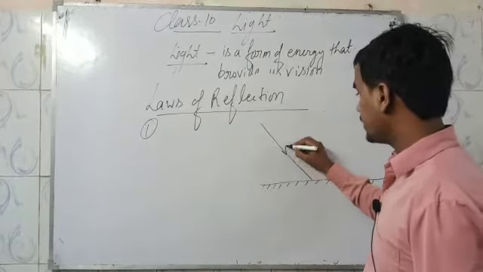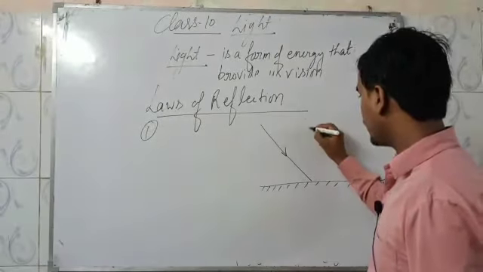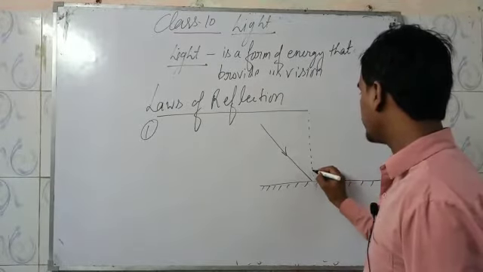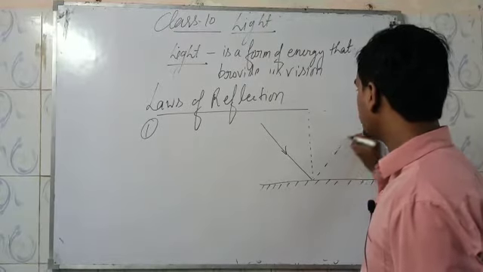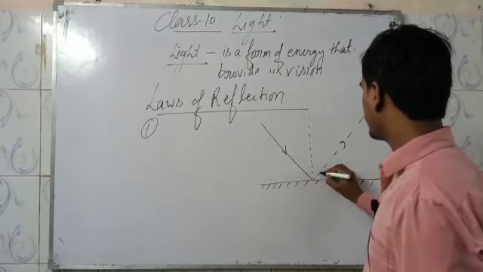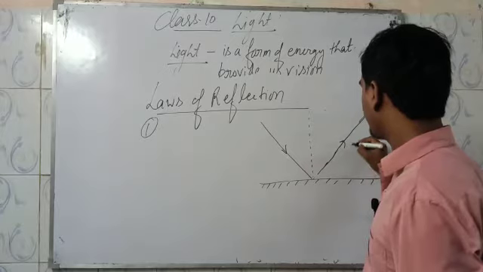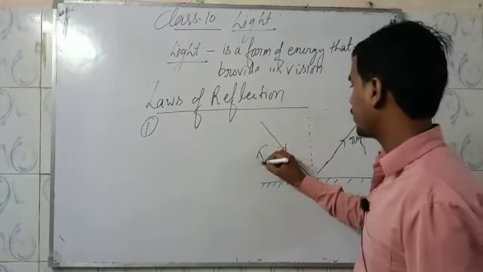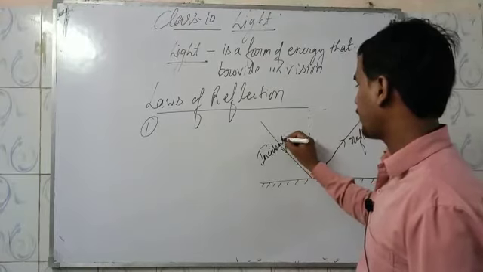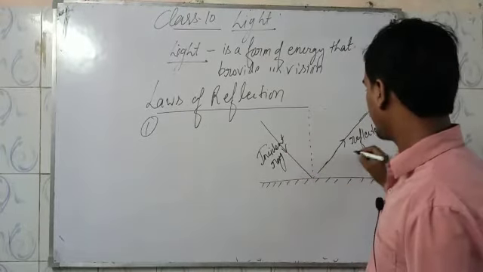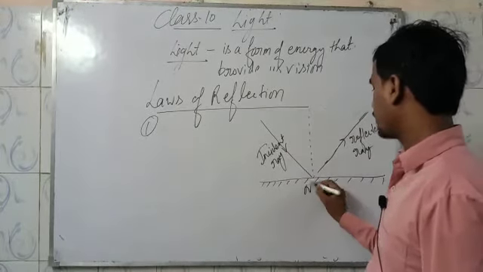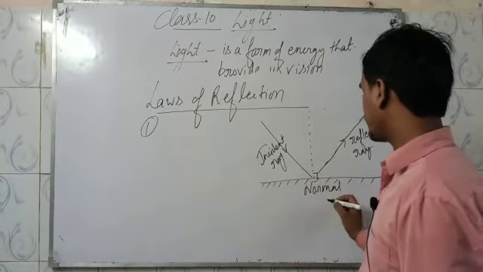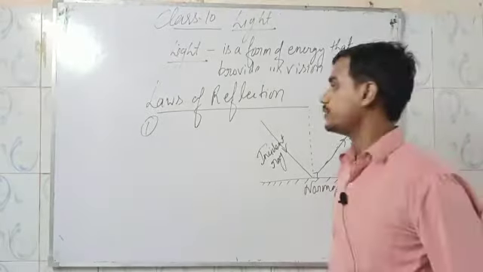So this is the incident line, here we have the normal to the point, and this is the reflected ray. Normal means perpendicular to the surface, it makes 90 degrees to the surface.